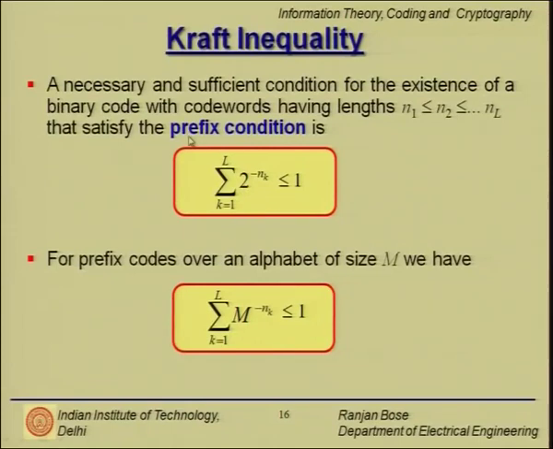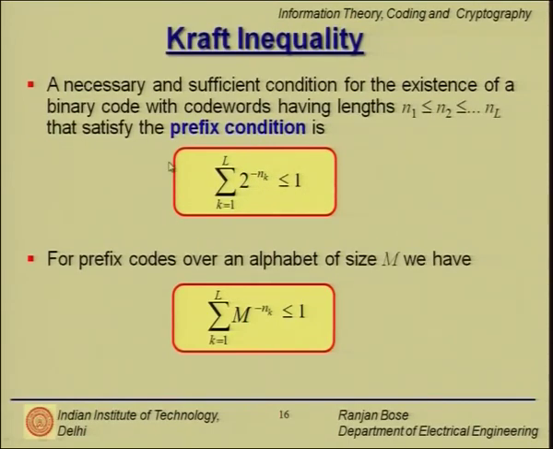Now, let us look at a very interesting inequality called the Kraft inequality. A necessary and sufficient condition for the existence of a binary code with code words having lengths n1 less than or equal to n2, and so forth up to nl, which satisfies the prefix condition is as follows: the summation over all code words of 2 raised to the power minus nk is less than or equal to 1.